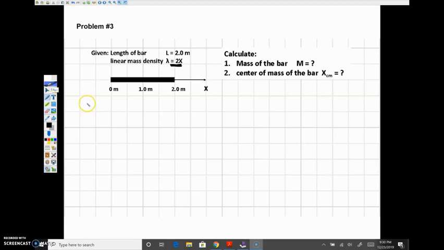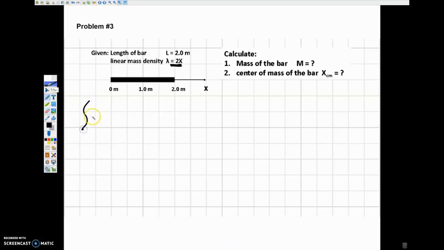So I have to use the integral version of the center of mass formula, which says the integral dm times the x-coordinate of the center of mass is equal to the integral of each dm times its corresponding x-coordinate.